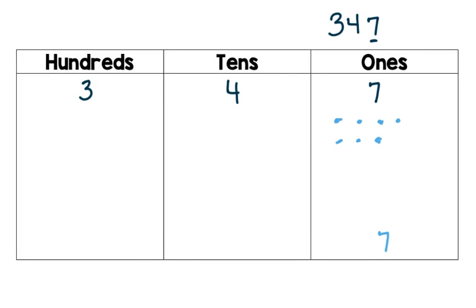Now I'm going to do the tens. It says that I have 4 tens. So I'm going to draw an orange circle. That represents 1 ten. That represents another 10. That represents another 10. And finally, that orange dot represents the 4th 10.